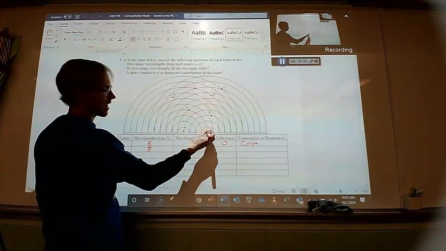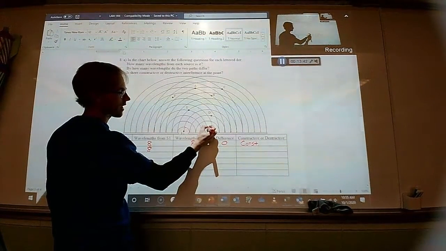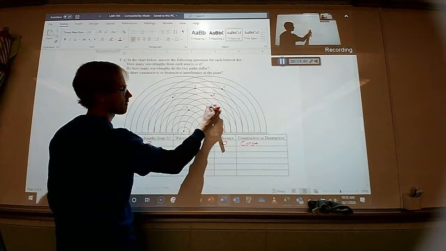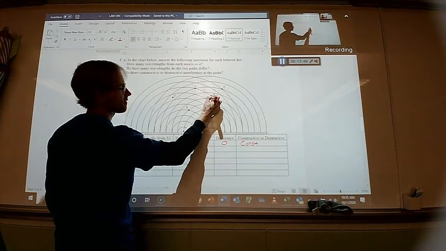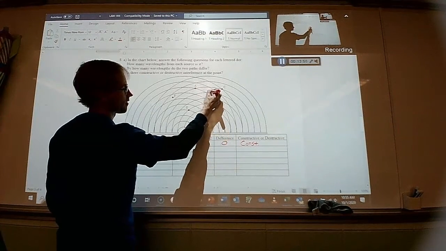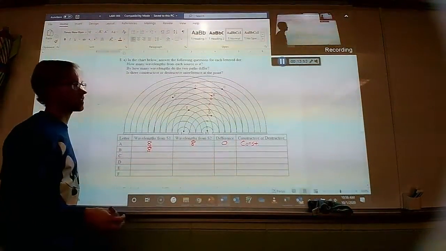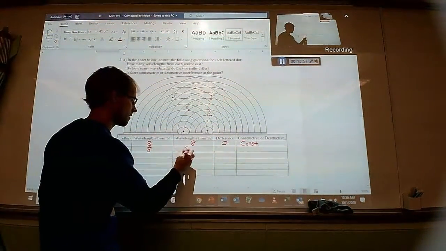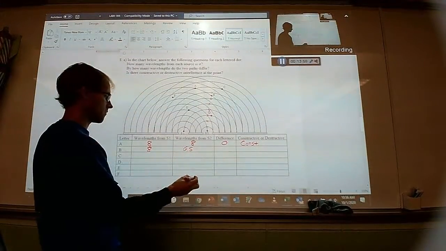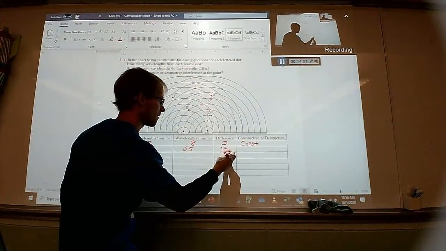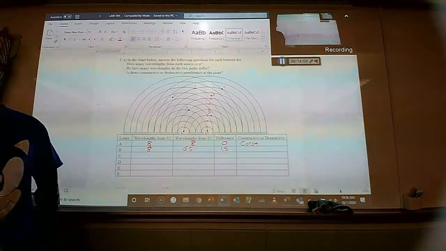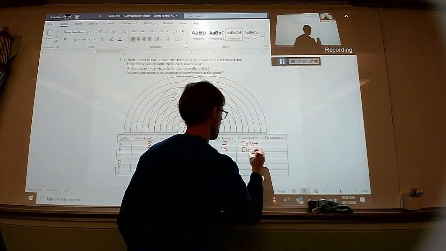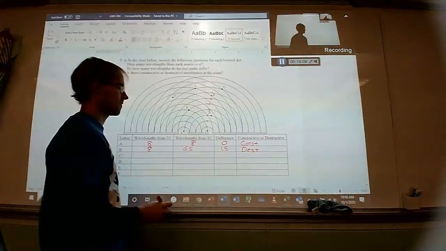So when we're looking at S2, we've got 1, 2, 3, 4, 5, 6. Uh-oh. It's right in between 7 and 6. 6.5. Yeah, 6.5. So our difference is going to be 1.5. Is this constructive or destructive? Destructive interference. Very good.